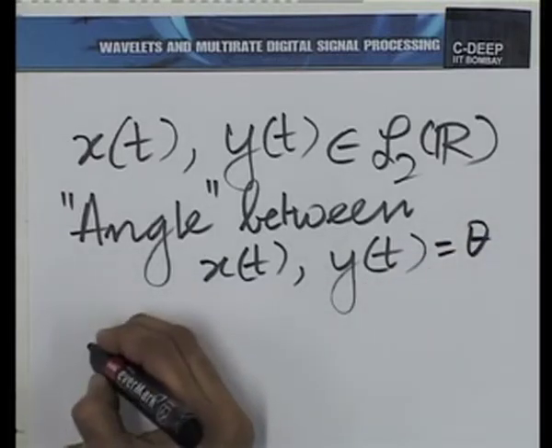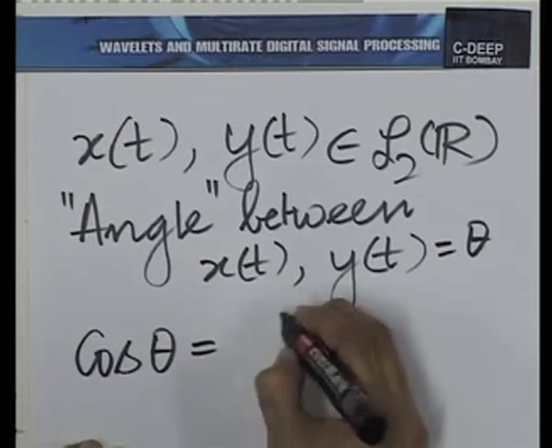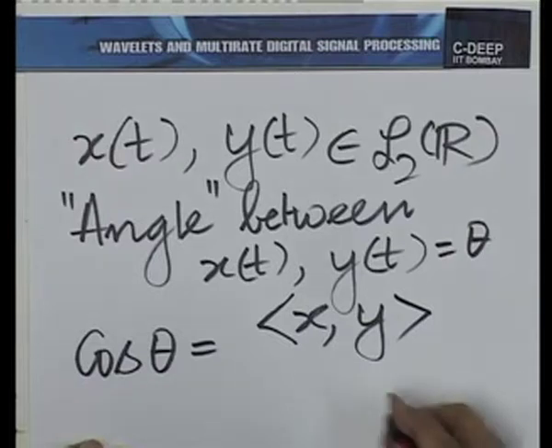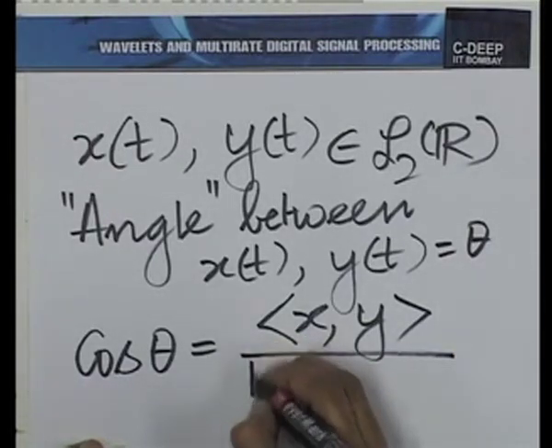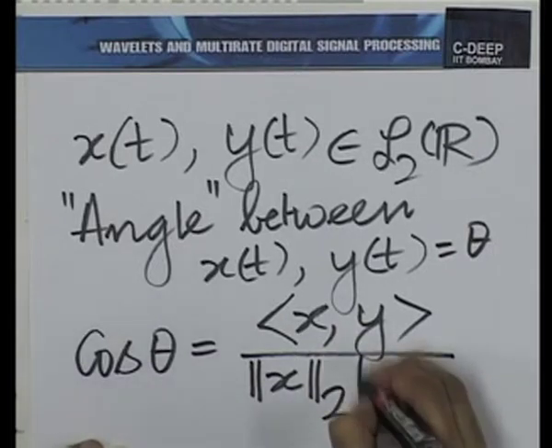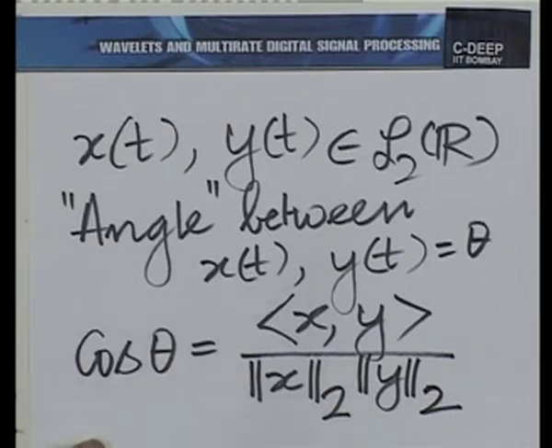We say cos theta is essentially the inner product of x t with y t divided by the norm of x in L 2 and the norm of y in L 2 multiplied together.